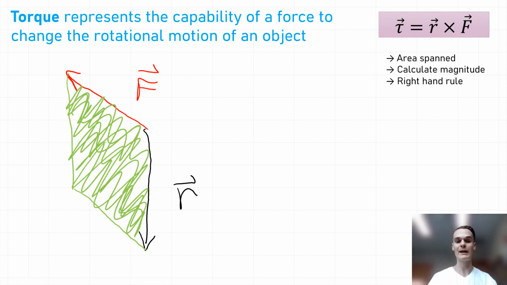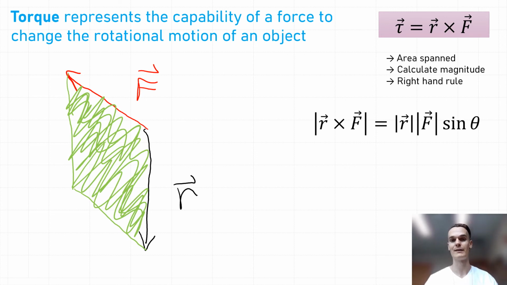What we want to do now is calculate the magnitude of the cross product explicitly. So doing the parallelogram method gives you an idea of the magnitude of the cross product, but we want to calculate it explicitly because this is more precise. So the magnitude of the cross product is the magnitude of the first vector multiplied by the magnitude of the second vector multiplied by the sine of the smallest angle between the two vectors whenever they are placed tail to tail.